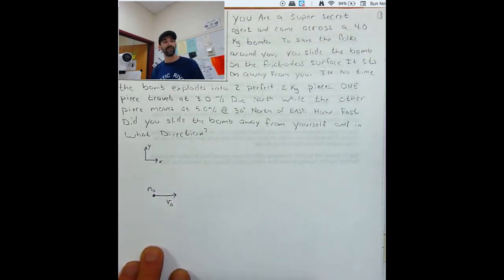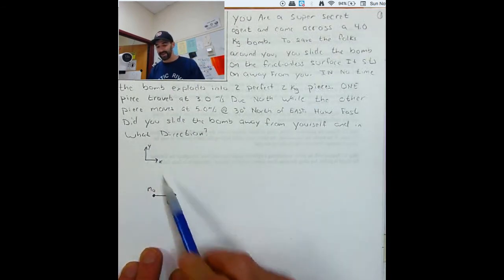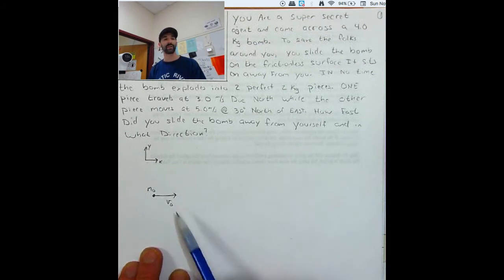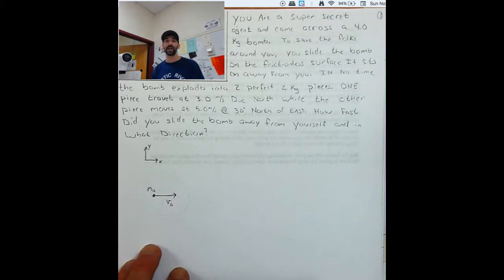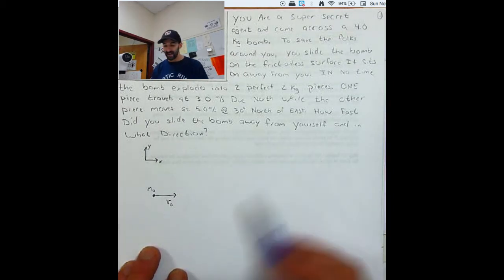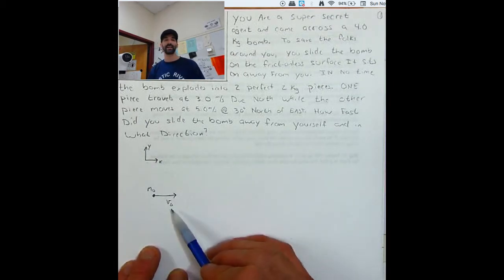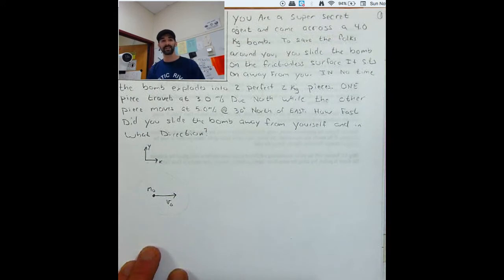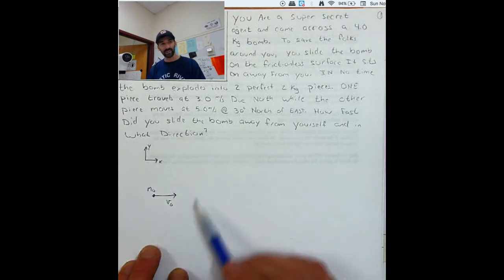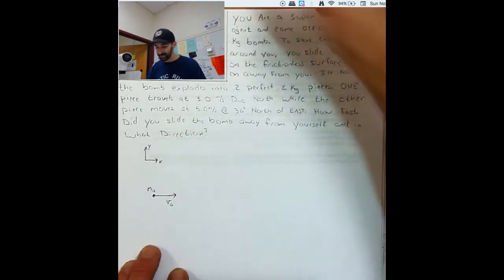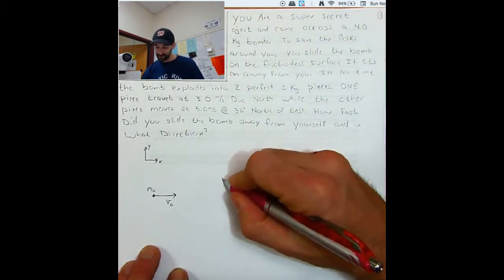Now, even though I have this going in the x direction, I don't actually know this. This is arbitrary. When I end up solving for my final velocity, I'll know exactly that direction, again, because momentum is a vector, but I need to start somewhere. So this is just a very arbitrary initial system. Then there's some kind of explosion.